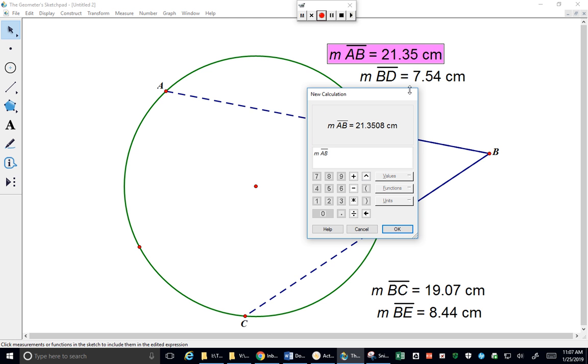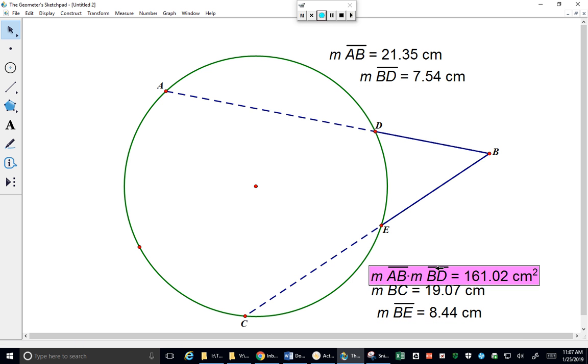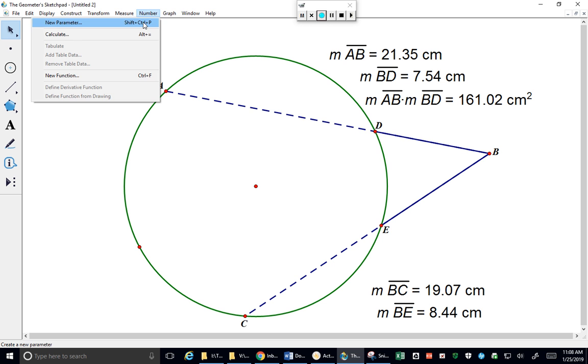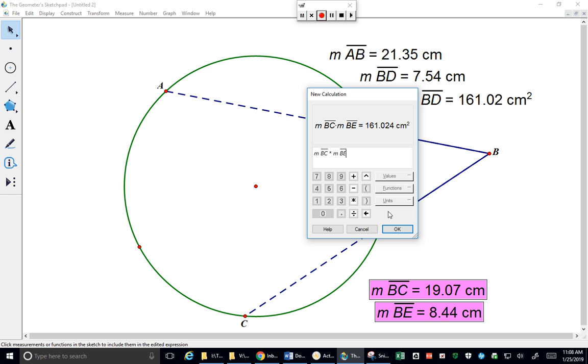The entire length times the outside. No, I want you to go up here. And another calculation to see the entire length, which was BC, sorry, times the outside, which is in this case 8.44.